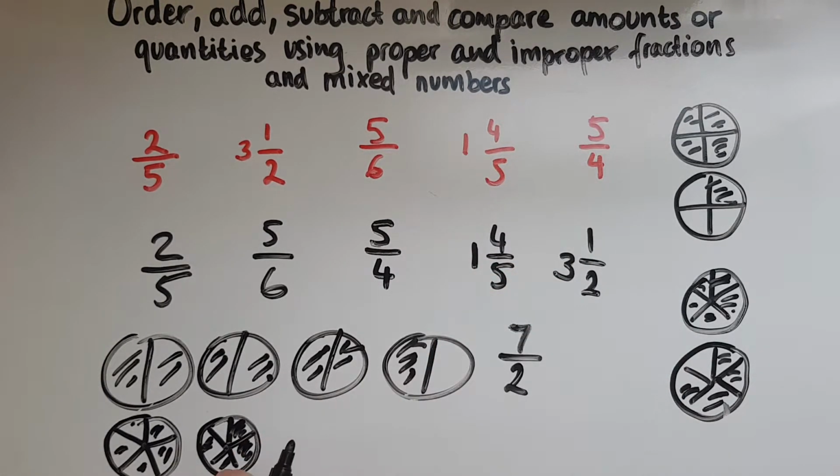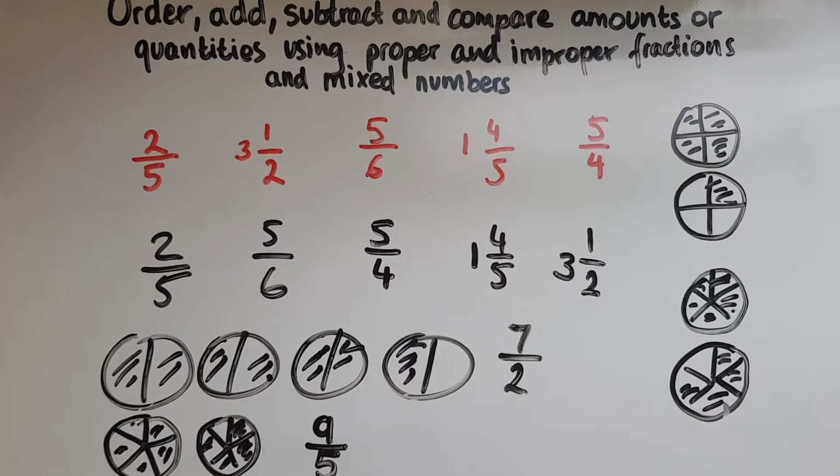And we have 4/5 as well. So 5 and 4 makes 9. So 9/5.